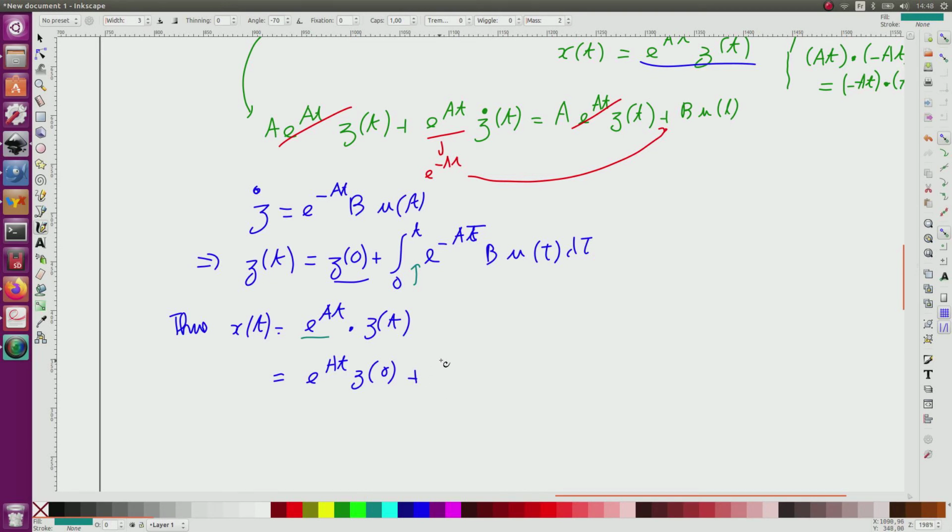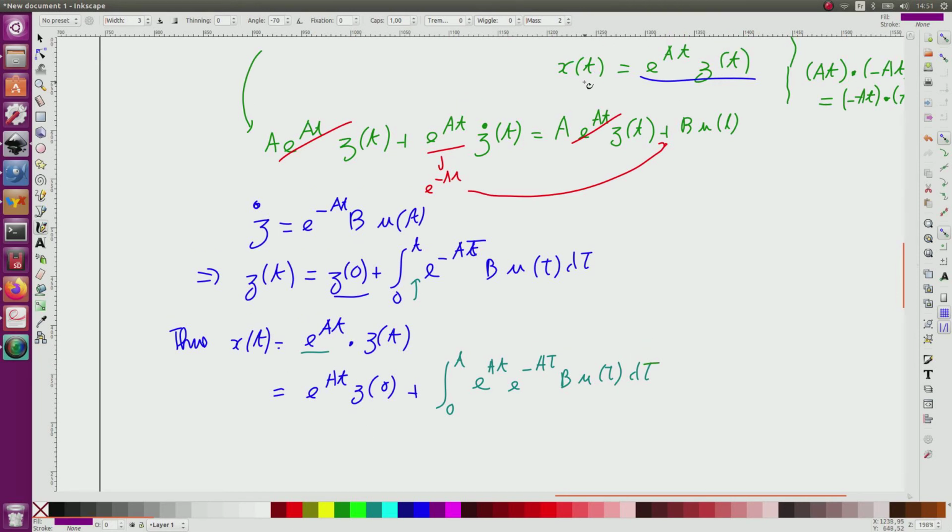So I will have here the integral from 0 to t, exponential At, exponential minus A tau, B u of tau d tau.